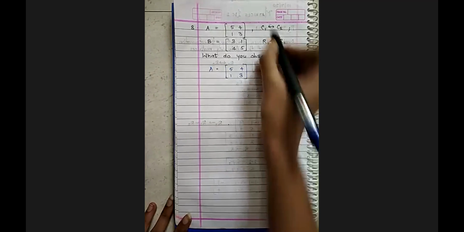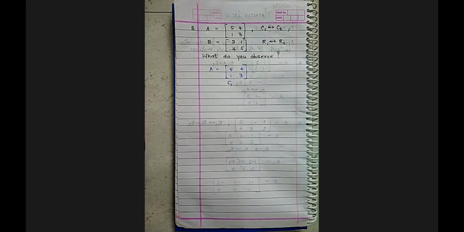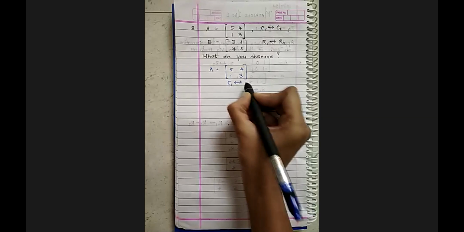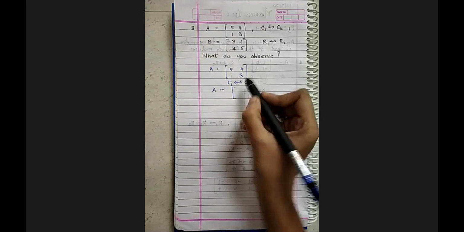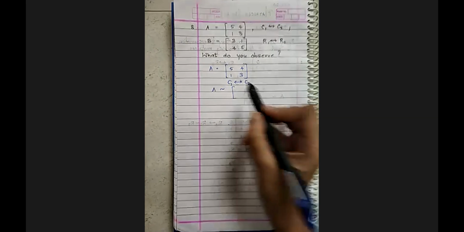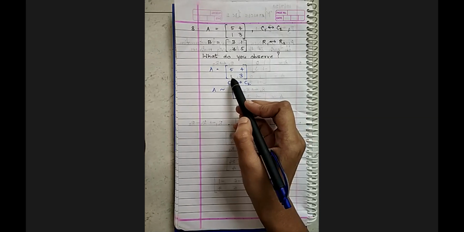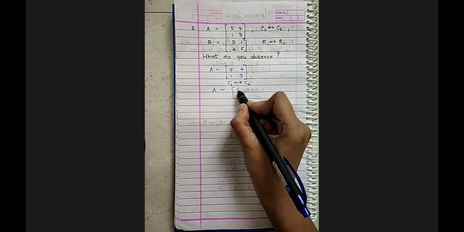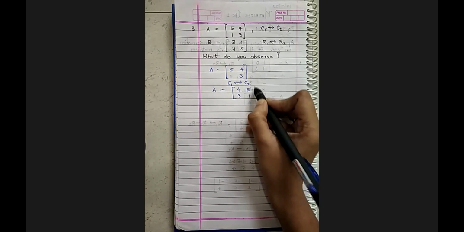And you have to apply this transformation: C1 interchanges to C2. You get a transformed matrix by doing your column transformation. The first column elements will shift to the second and the second will shift to the first. So it will become 4, 3, 5, 1.